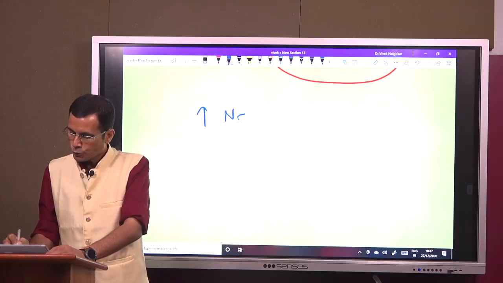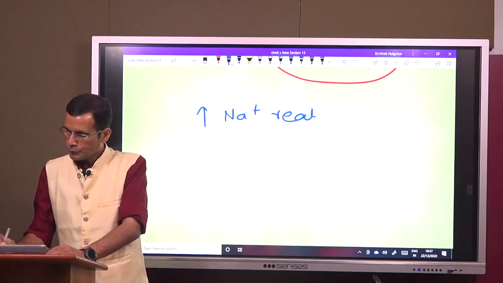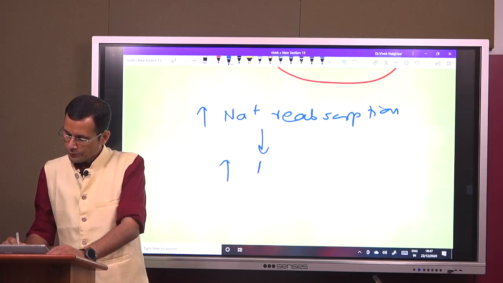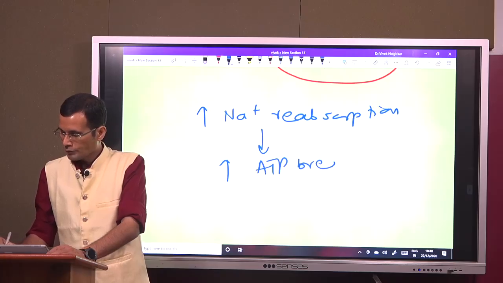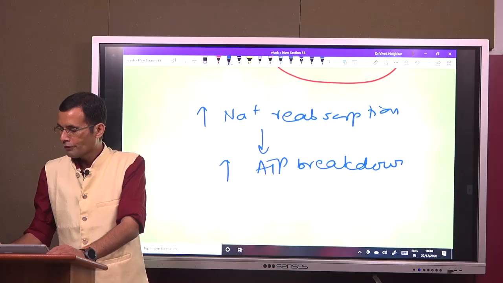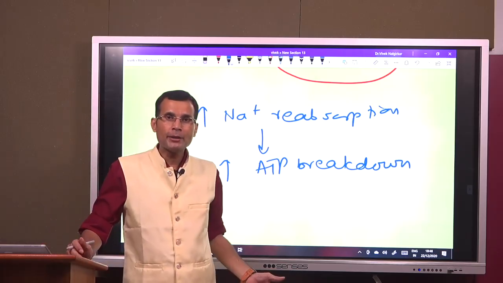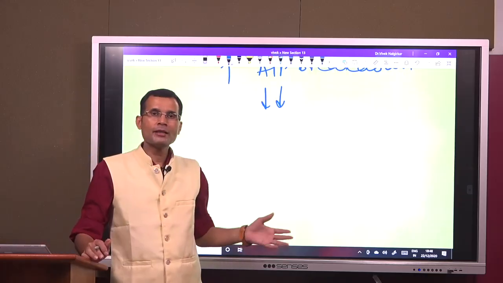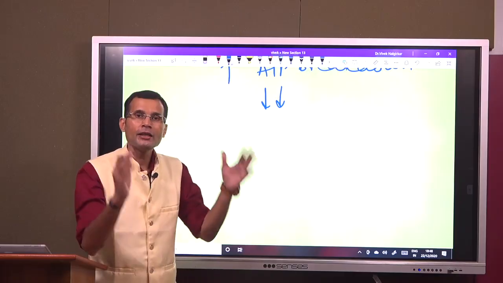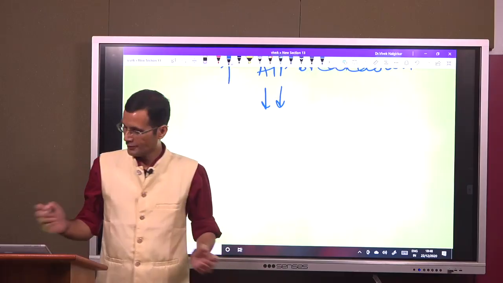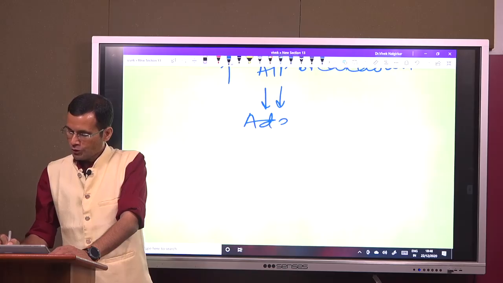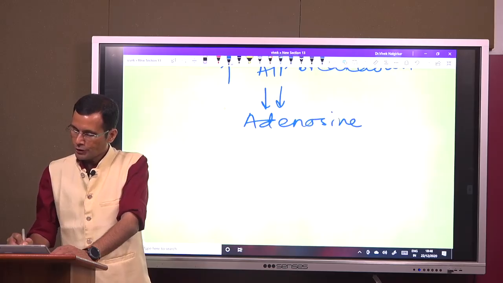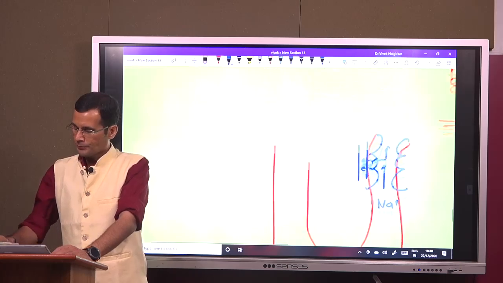So, increased sodium reabsorption means increased ATP breakdown by virtue of the activity of the sodium potassium ATPase. Increased ATP breakdown means what remains? ADP, AMP, and finally adenosine. So, there is increased formation of adenosine.